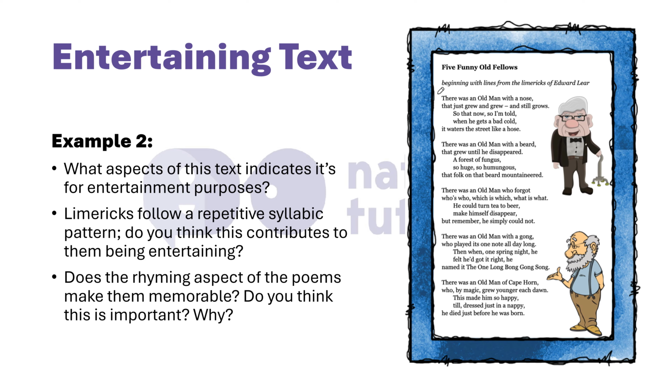Now, limericks follow what we call a repetitive syllabic pattern. You may have noticed already that the first, second, and last lines have 8 syllables. There was an old man with a nose. It waters the street like a hose. 8 syllables.